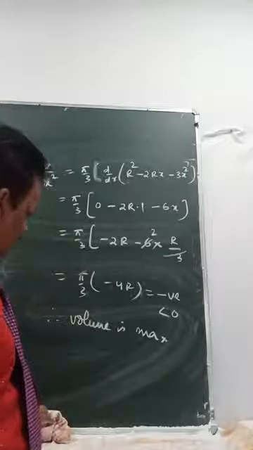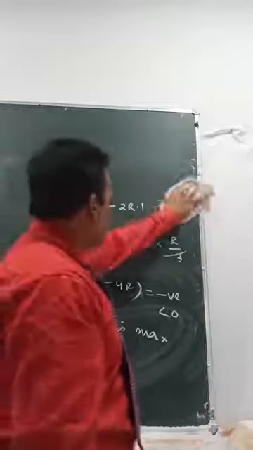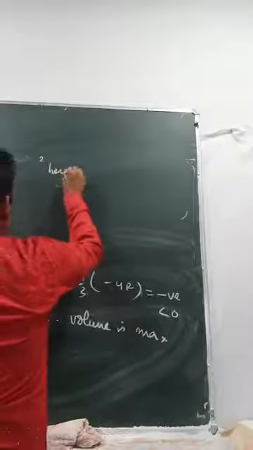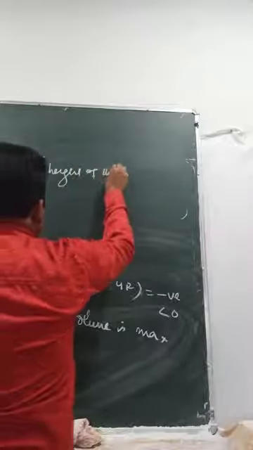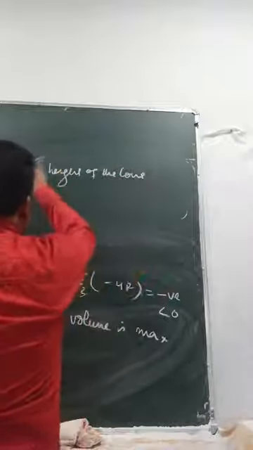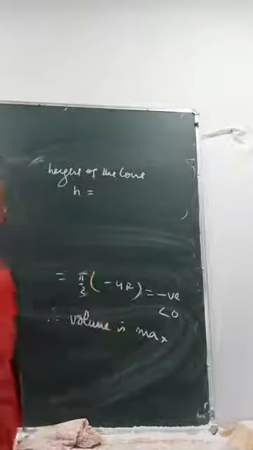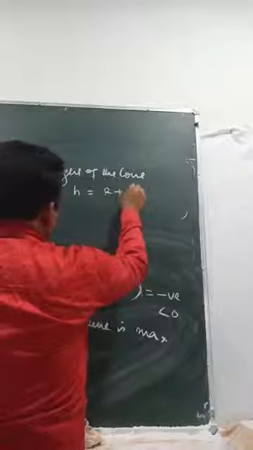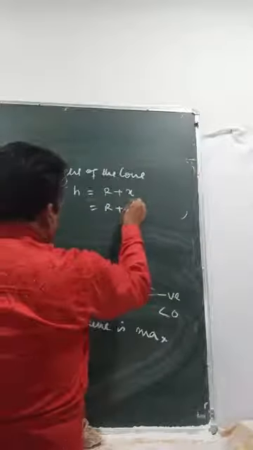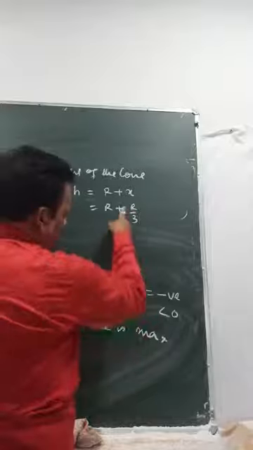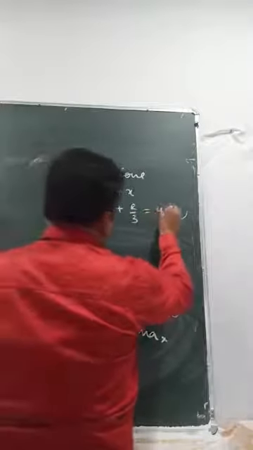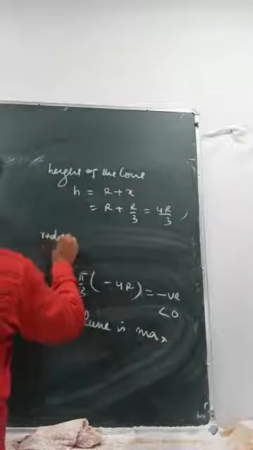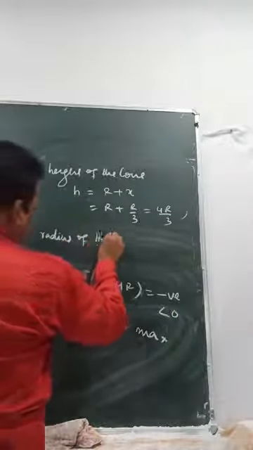Now we have to find volume of the cone is 8 by 27 volume of the sphere. So for that, let's find out everything about the height of the cone. What is the formula? Height of the cone, that is h equals to r plus x, r plus r by 3. X is r by 3, look at. So that is 4r by 3. Then radius of the cone.